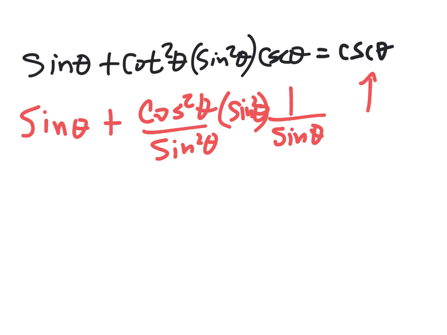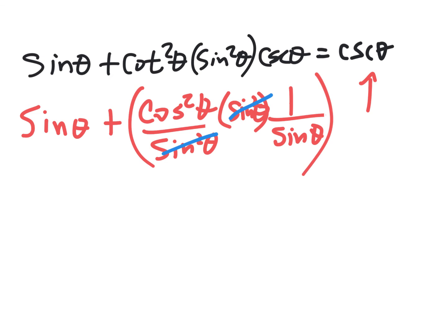Yep. And now let's do a little simplifying in this part. Would you agree that I could cancel off the sine squareds? Yep, I can't deny it. That's just sitting there begging to be canceled.